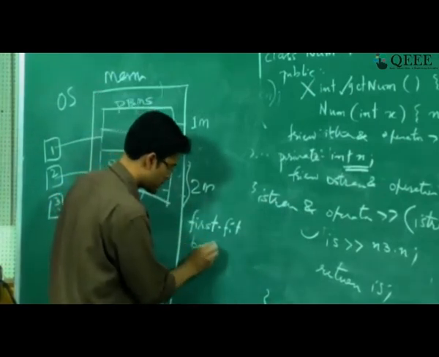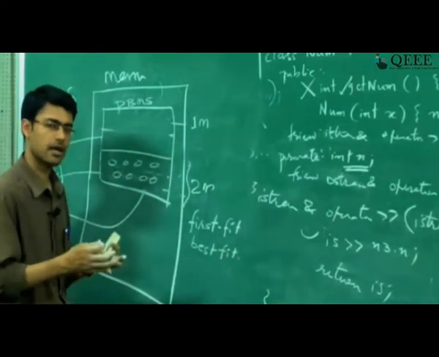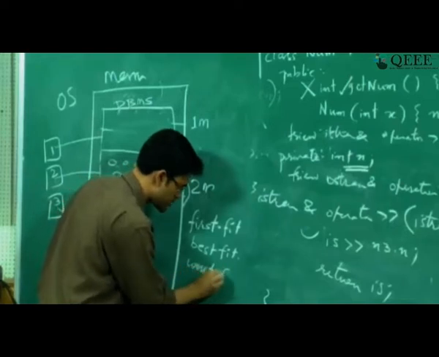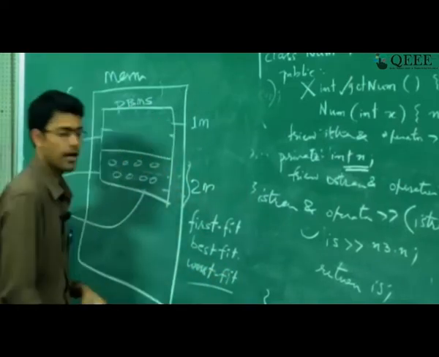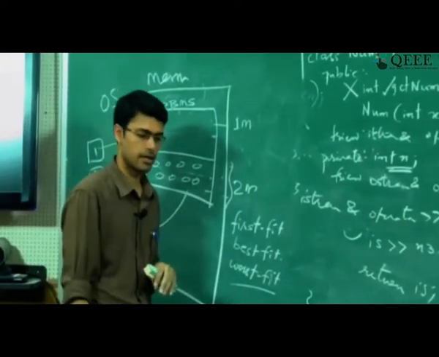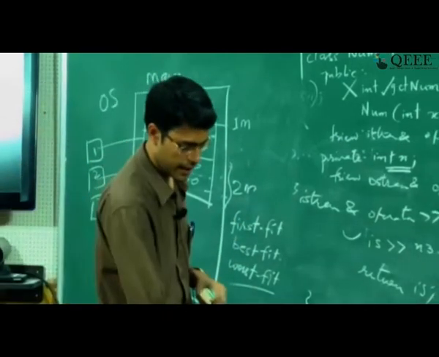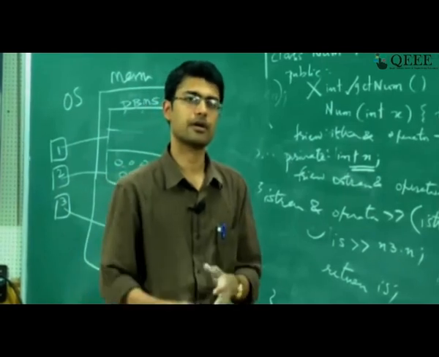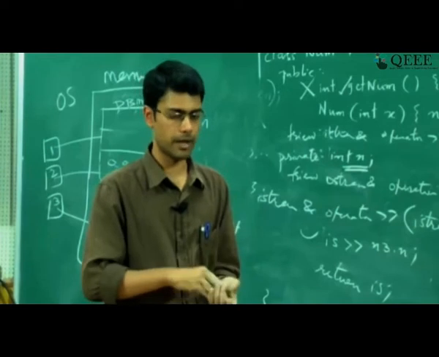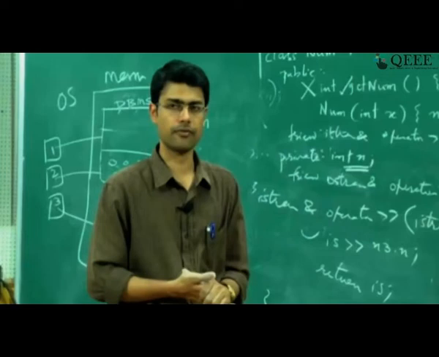The best fit, where the smallest block fitting the request gets allocated, and the worst fit, where the largest available memory area gets returned. Right? These are algorithms, but they are really heuristics which get used in memory allocators, right? And there are more complicated ones which people use depending upon profiling and micro benchmarking done for different applications and so on.